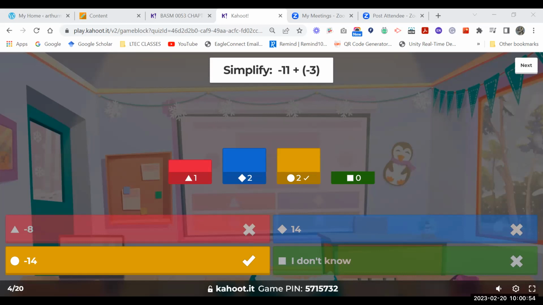What's positive times negative? Remember, if the signs are the same, what do we do? Take the common sign and then do what with the numbers? Add the numbers. 11 plus 3 is.